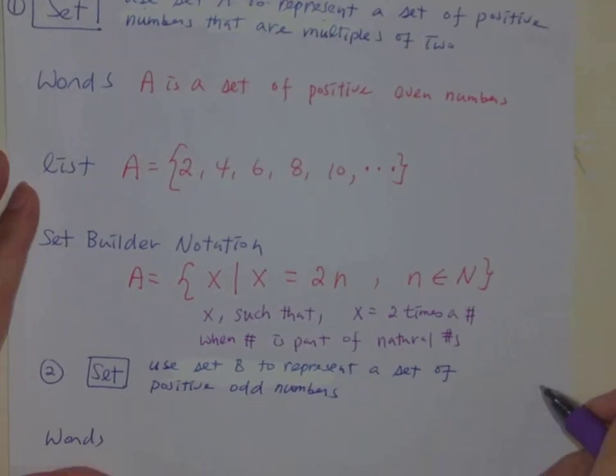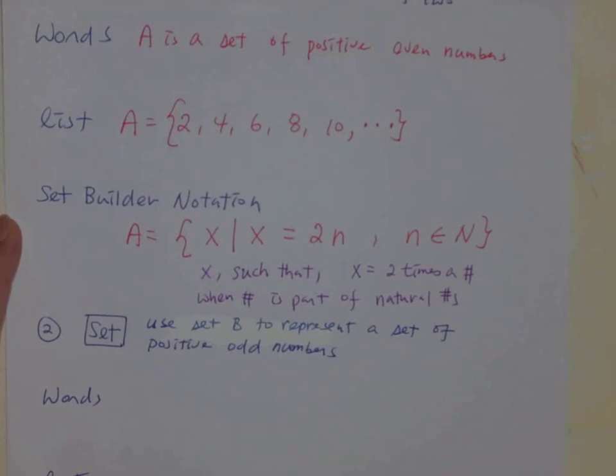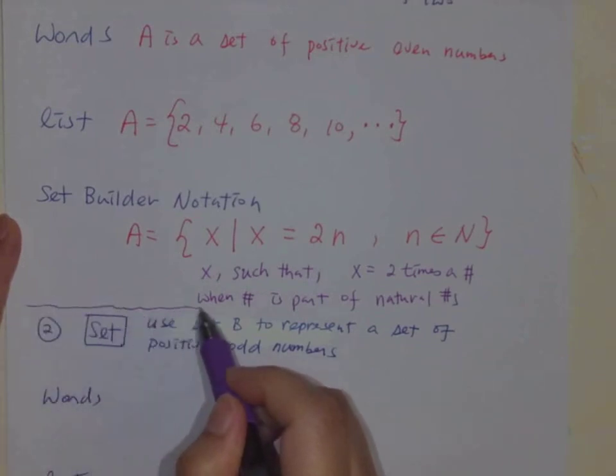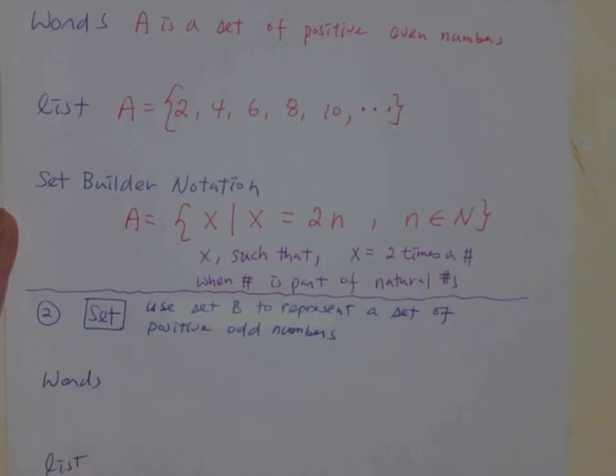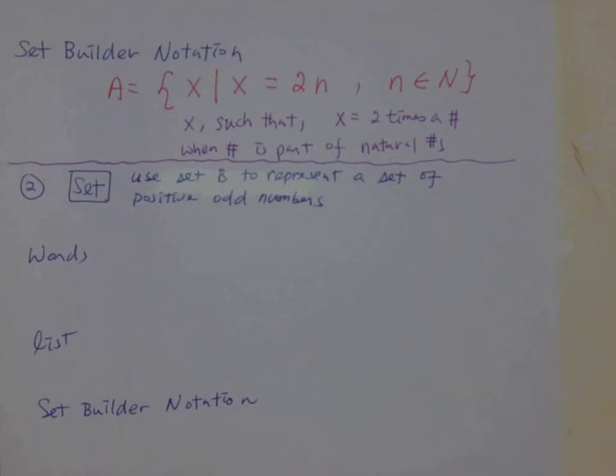Alright, so that's how you represent the set in 3 different ways. And I want you to look at number 2, maybe pause the video and see if you can do something similar for the second question. When you're ready, you can come back and check the answer.